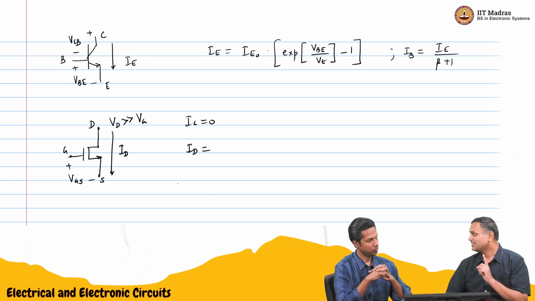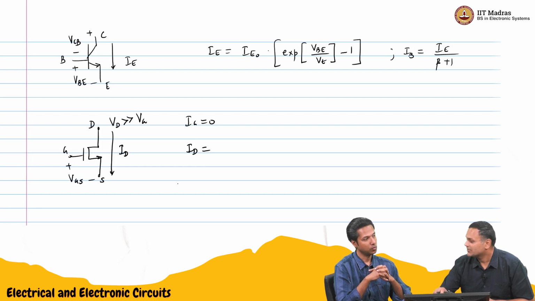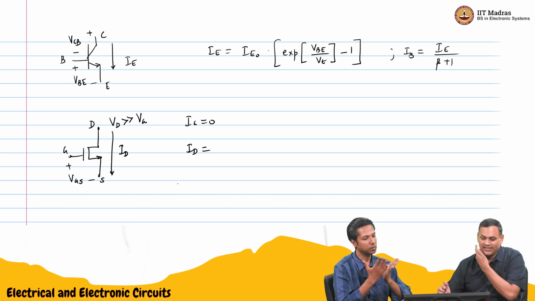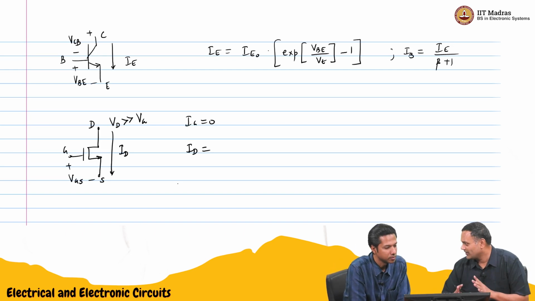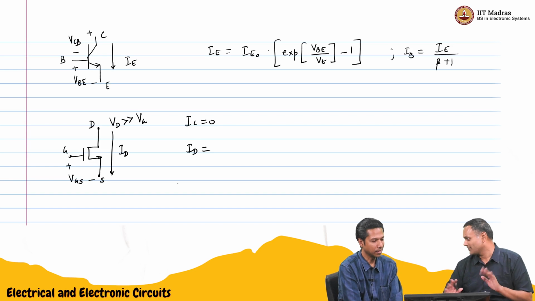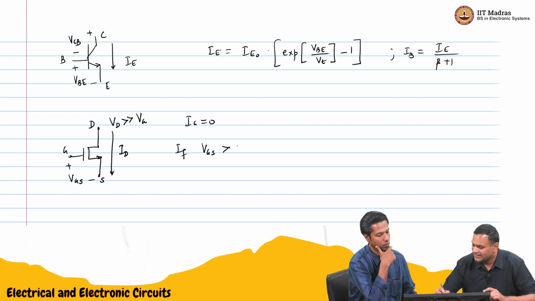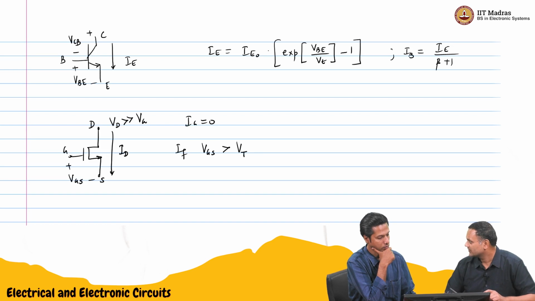We will call that voltage the threshold voltage. In this case, we use small vt, V subscript small t, or V subscript capital T, or some textbooks use V subscript TH. Maybe, if we don't want the students to be confused, what we will say is, if VGS is greater than, some textbooks use it like this, it's called the threshold voltage.